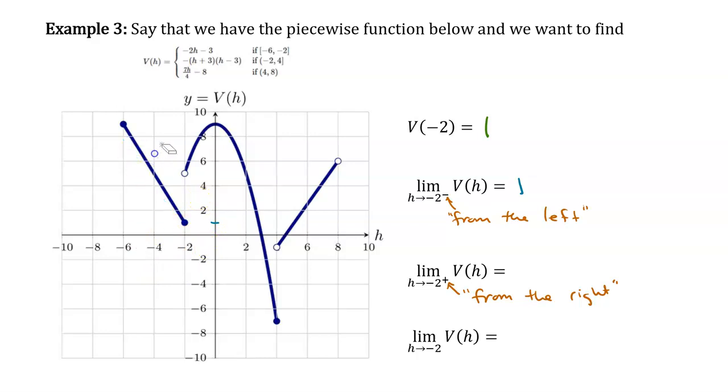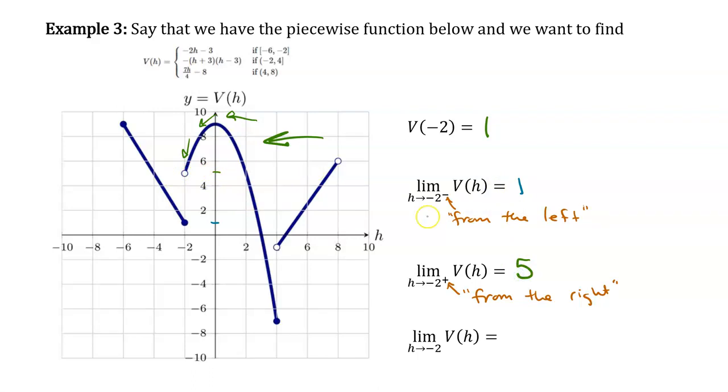But we have this lovely jump, and if we go the limit as h approaches -2 from the right, going this way, that is, well, it's not 1, is it? That's 5.